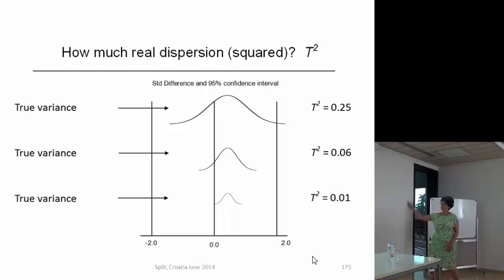Heterogeneity again puts things on the framework of a normal distribution and puts things in the same metric as whatever you're using for your effect size.